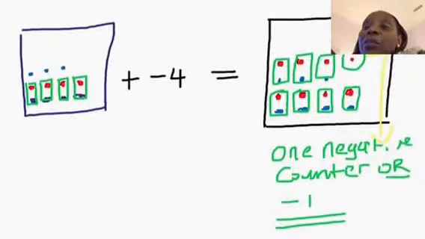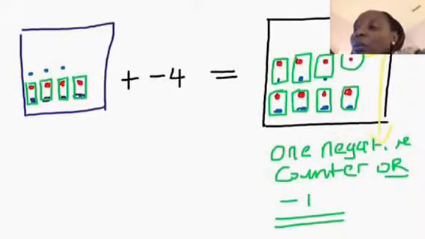After we have the positive 3, we want to add a negative 4. So we have our neutral here, 1, 2, 3 red, blue, and then 4 red, and then our 3 there, blue, positive, and now we add negative 4.